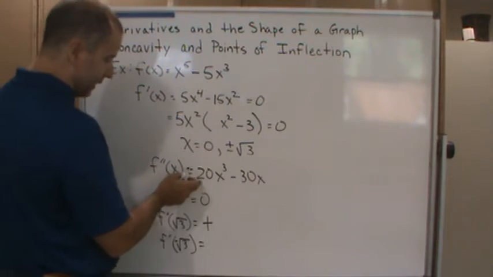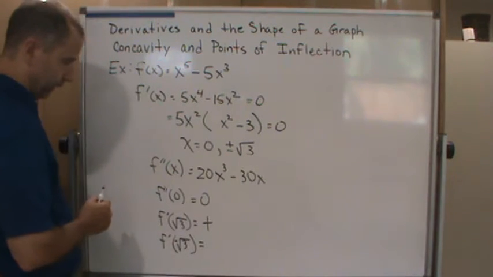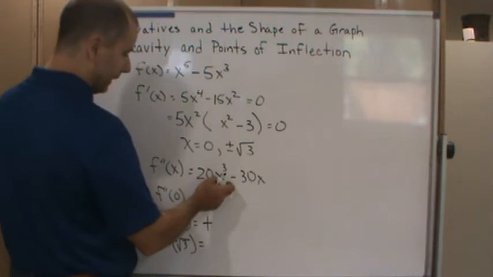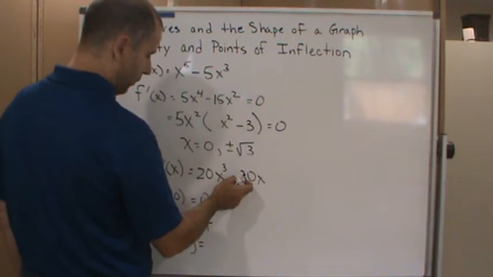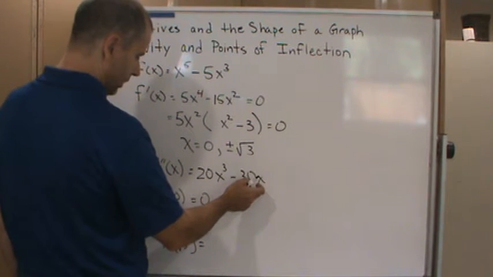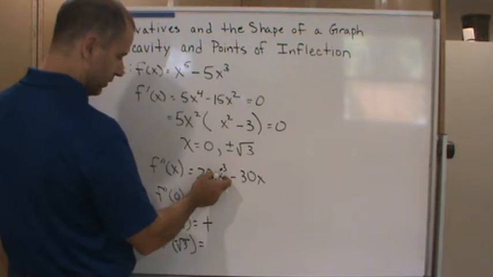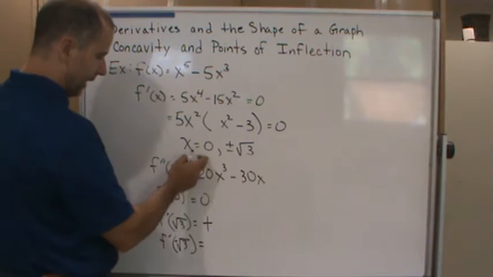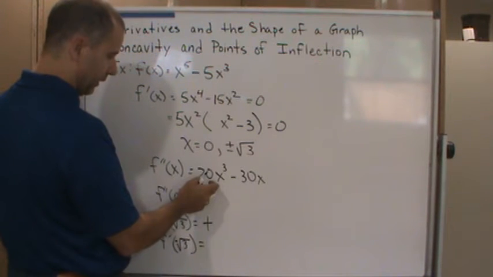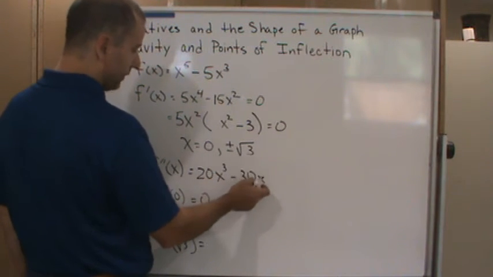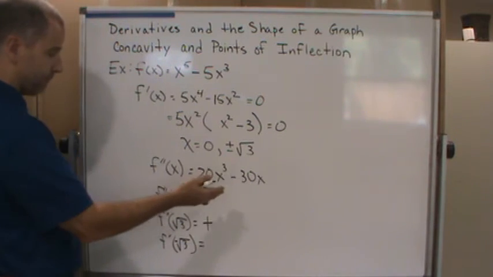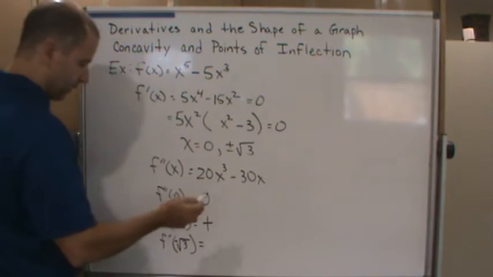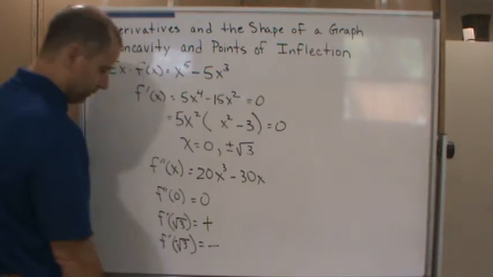So it's going to be negative 60 times the square root of 3 minus 30 times a negative square root of 3. So this is going to be positive. So we'll end up with negative 60 times the square root of 3 plus 30 times the square root of 3. So we're actually going to get the same value, but it's going to be negative. So this is going to be negative.